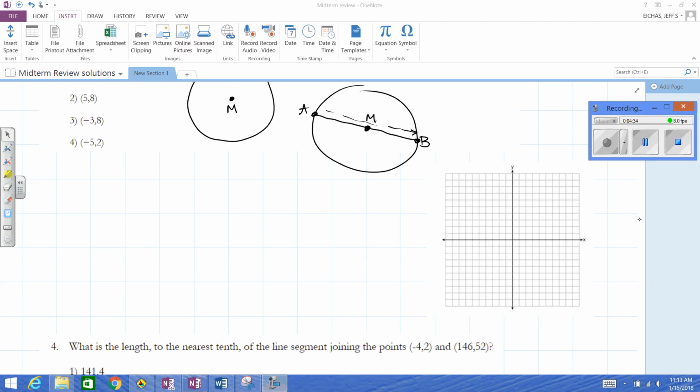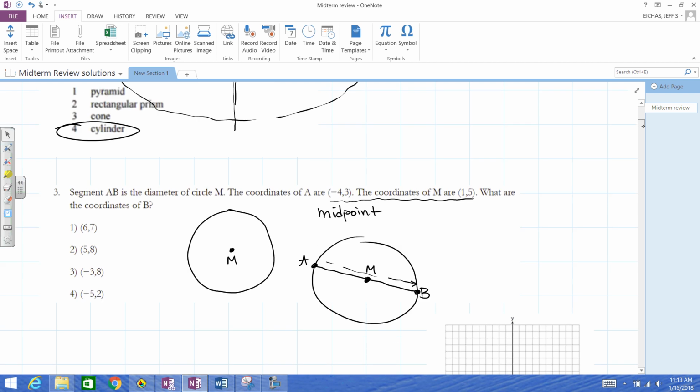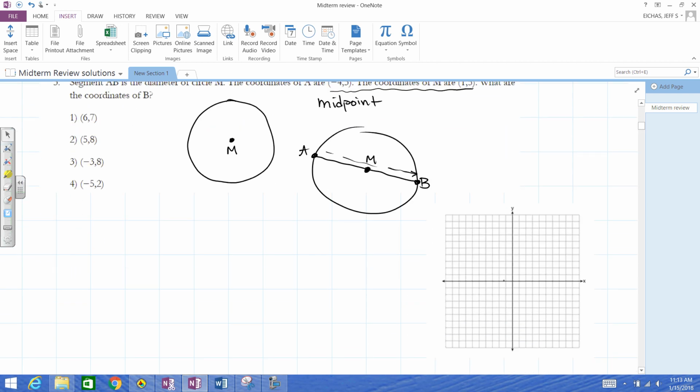Okay, so back here again, coordinates for -4, 3 and 1, 5. So there's A, there's M. We know B is going to be in this range over here.